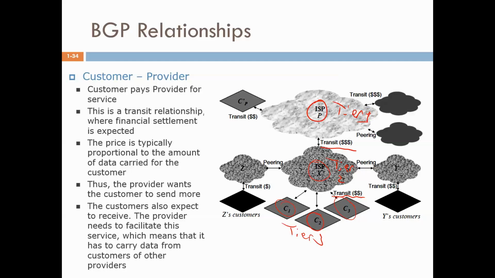Why? Because Tier 2 will typically receive much more data from Tier 1 than Tier 3 would receive from Tier 2. Whenever you go up the hierarchy, we involve a larger volume of traffic. This is the first type of agreement, a customer-provider agreement, or what is called a transit agreement.